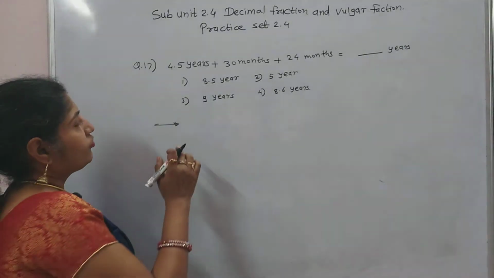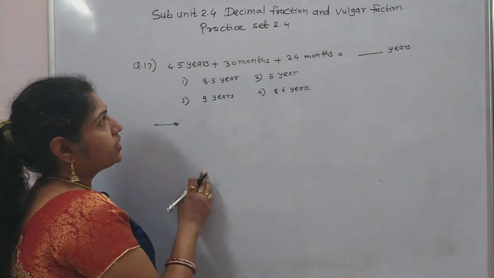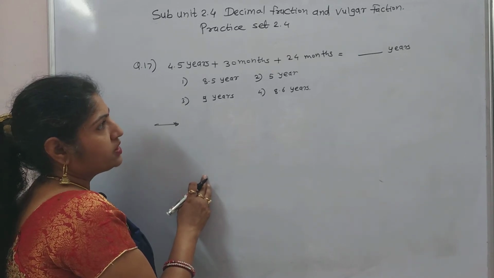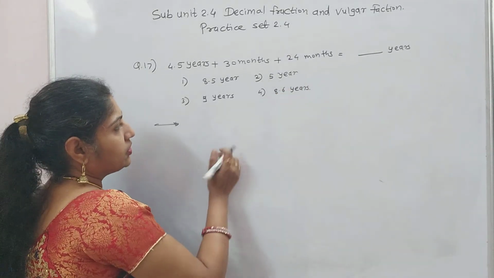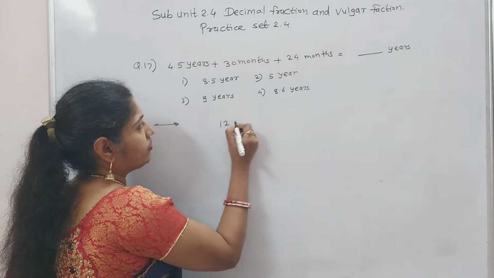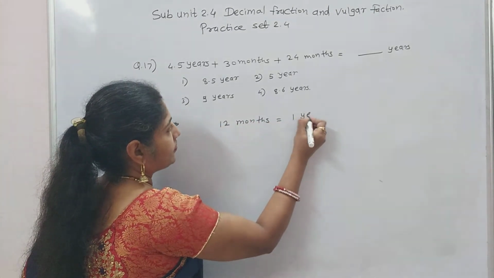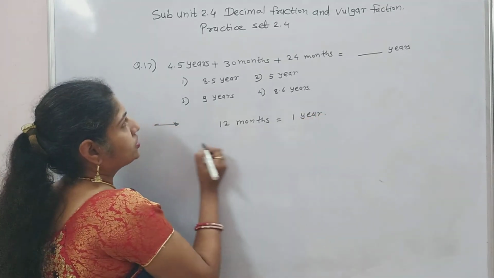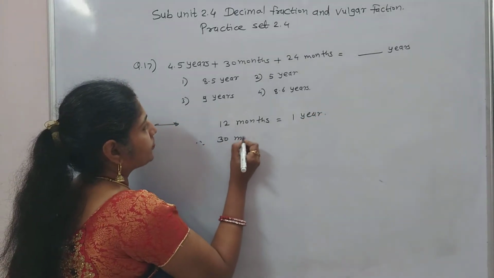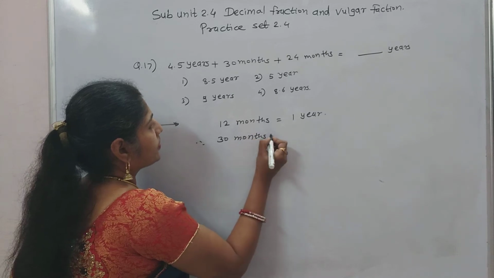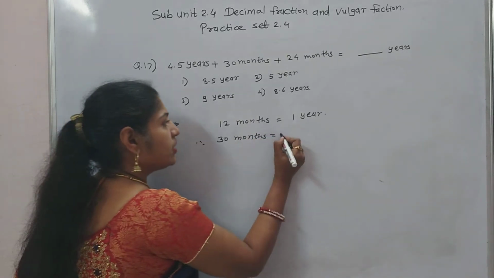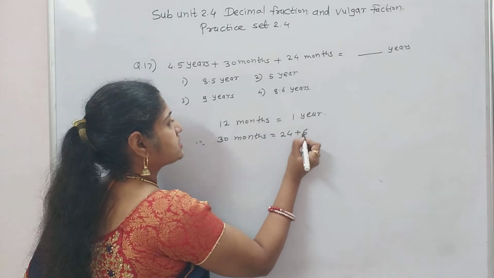Next is 4.5 years, 30 months, 24 months, and answer is in year. We all know that 12 months equal to 1 year. So 30 months we write as 24 plus 6.